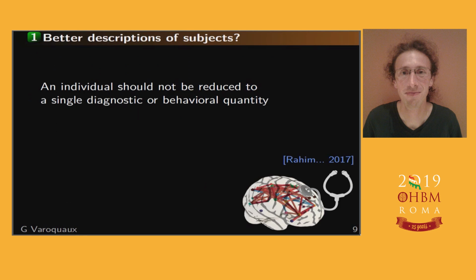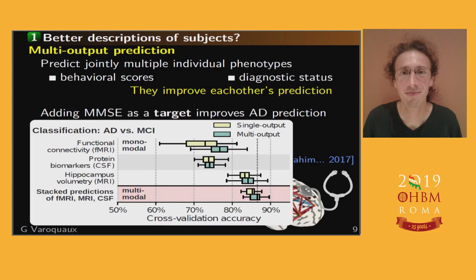We should describe subjects better. We can't really reduce an individual to a single diagnostic or behavioral quantity. But once again, this is a problem that can be tackled with machine learning if we do multiple output prediction. And so a few years ago, we looked at predicting jointly multiple individual behaviors. So the prediction target being both the behavioral score and the diagnostic status.